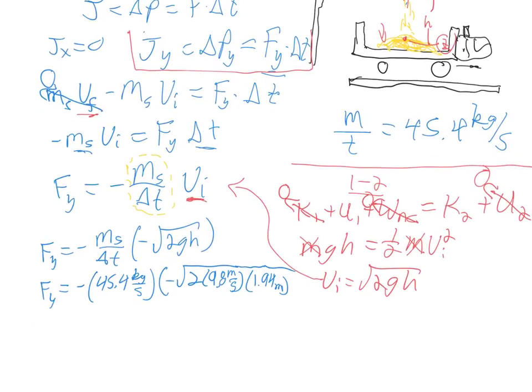And so we scroll up to make some space. If we do the math, our negatives cancel out, and we should find that the sand impacting the truck causes the scale to read an additional 280 newtons.